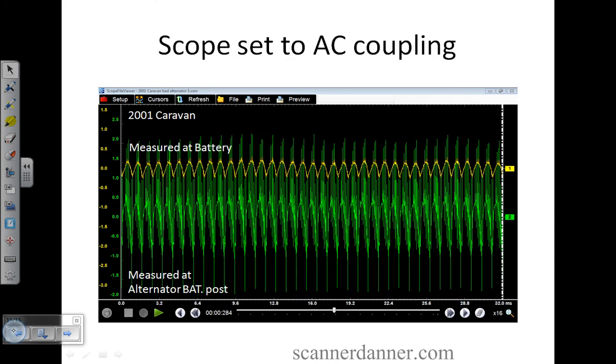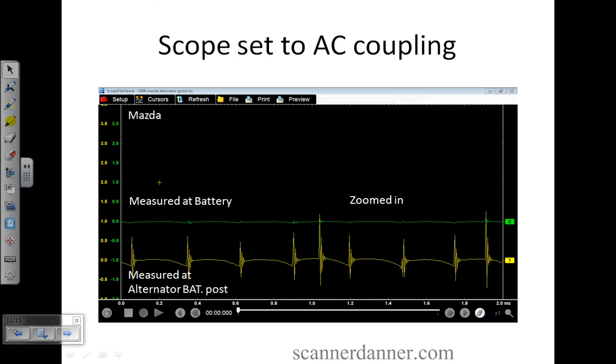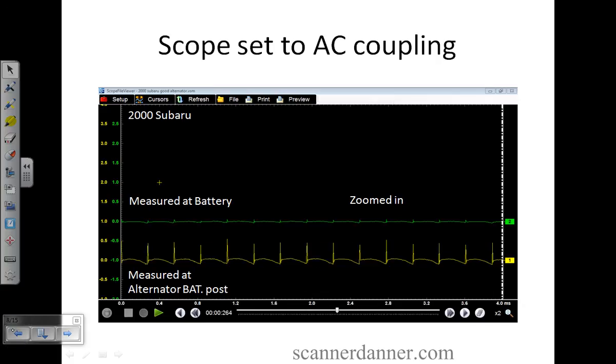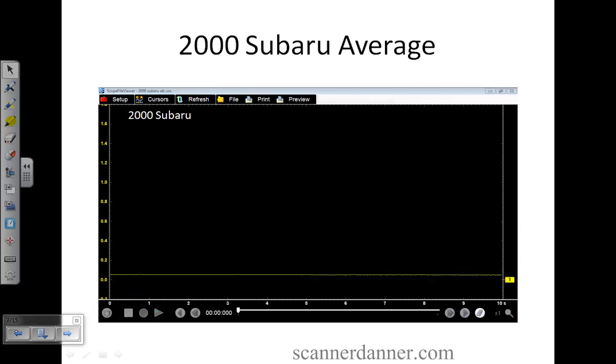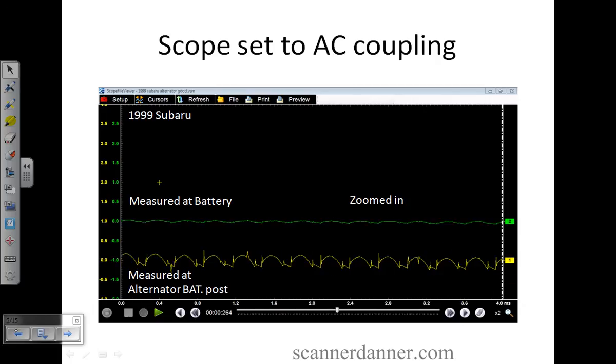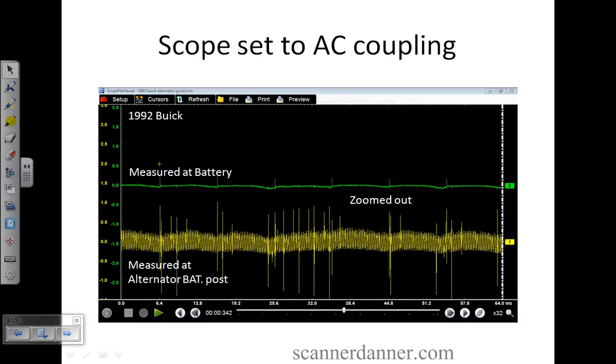I don't. It's part of the diode operation and how it takes that sine wave and cuts it off. I don't know if they're using capacitors on some systems to make those spikes a little bit cleaner, but it's just part of the diode operation.